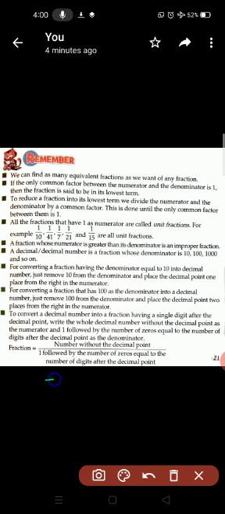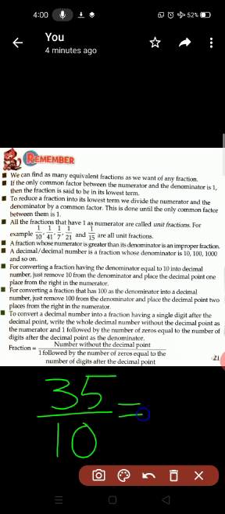See, if 35 by 10 is there, how can you convert this fraction into a decimal? Remove this 10 in the denominator, write the numerator as it is, and after the first digit from the right side, you should keep a point here. So 3.5.